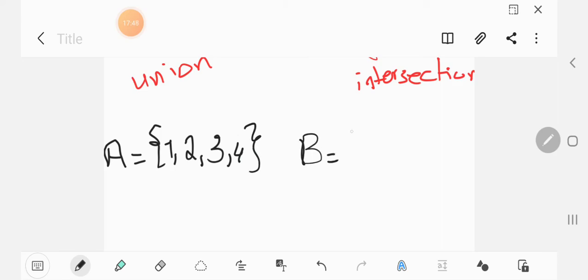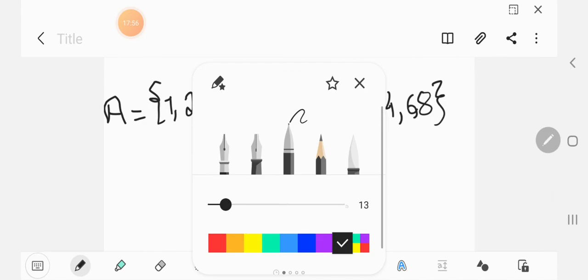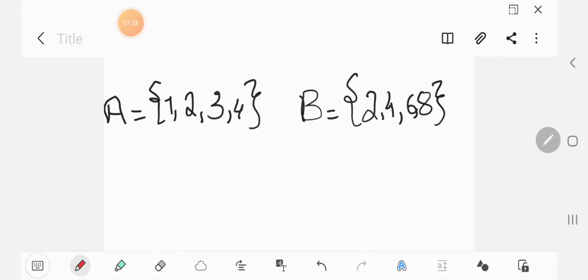Set B contains 2, 4, 6, and 8. First, we are going to draw the Venn diagram. It will be easier for you. Set A and set B have a common element. Something is repeated here and here. Yes, I see 2 repeated here and here, 4 repeated here and here.